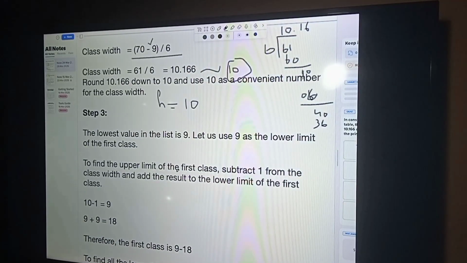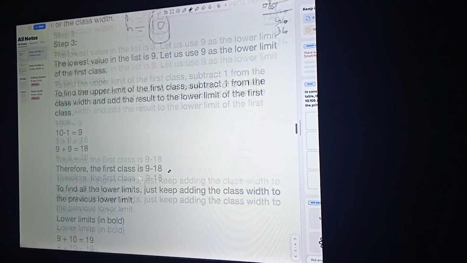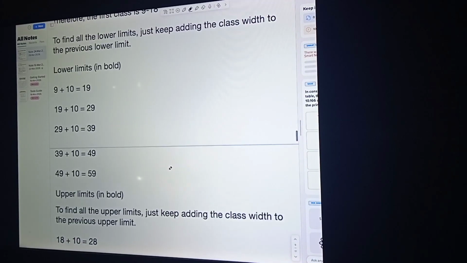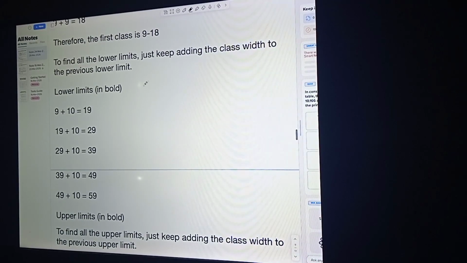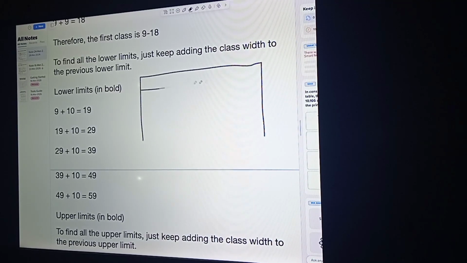The third step is about looking for all lower limits of the table. For example, suppose this is our table, having a serial number.